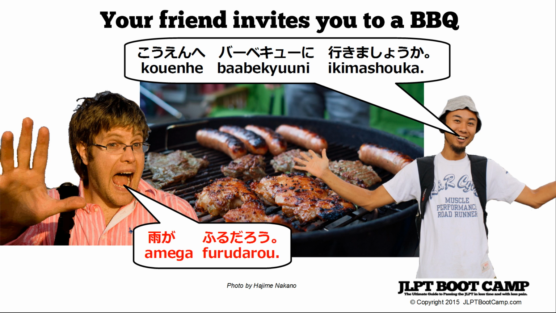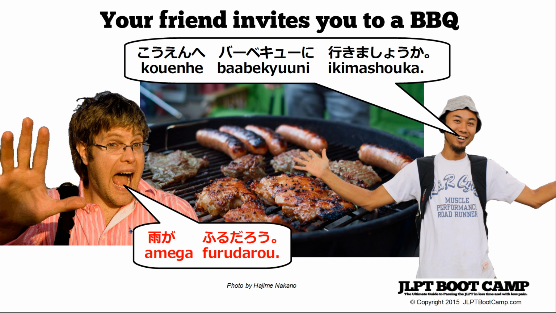And then barbecue ni, so to the barbecue. And then ikimashou is let's go. Let's go to the barbecue in the park. So let's go in the direction of the park to a barbecue. This is kind of a literal translation there.